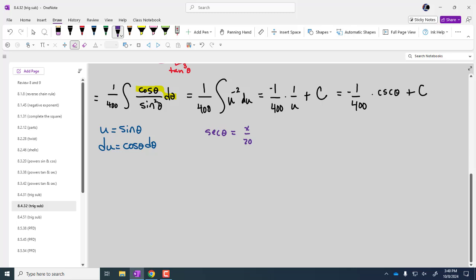So we're going to build our triangle again. You always build it as if it's sitting in quadrant 1. Secant is the hypotenuse over the adjacent. So this is where we're starting, hypotenuse over adjacent. Then we'll figure out the missing side, which will be square root of x squared minus 400.